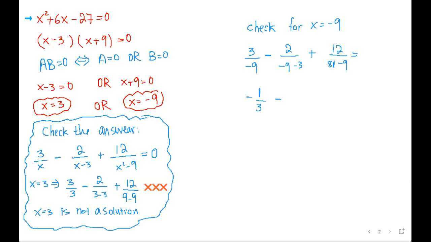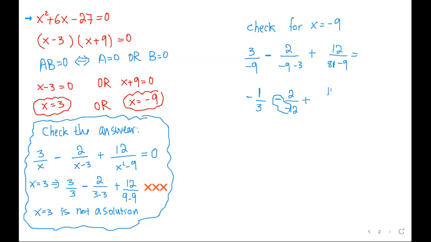Minus 2 over minus 9 minus 3, which is minus 12. I will send this minus to here and keep it plus.